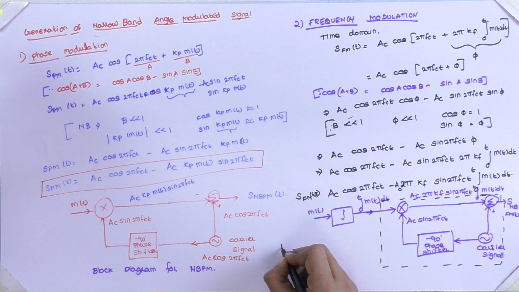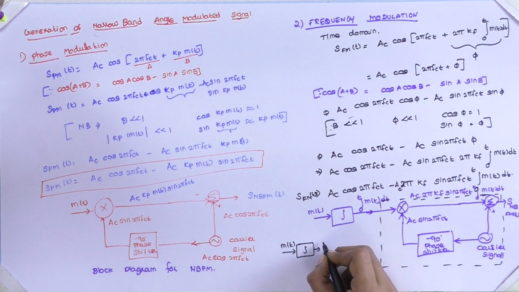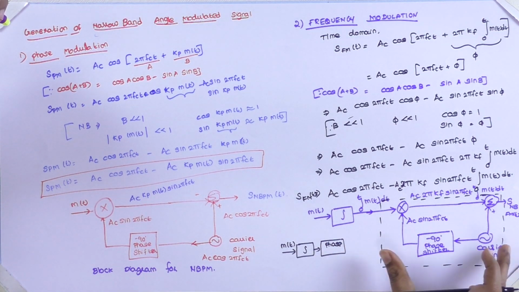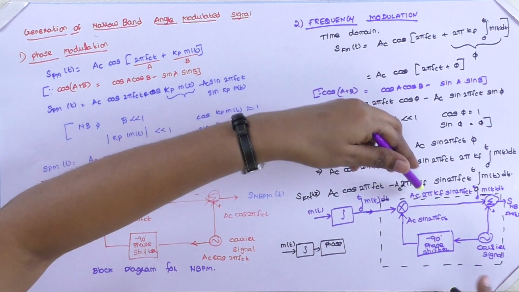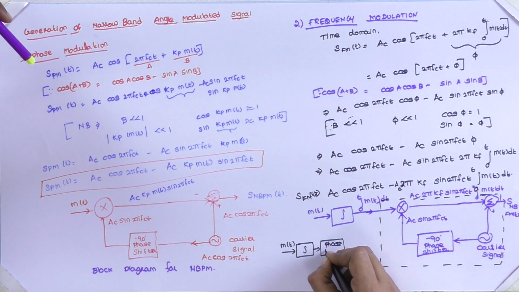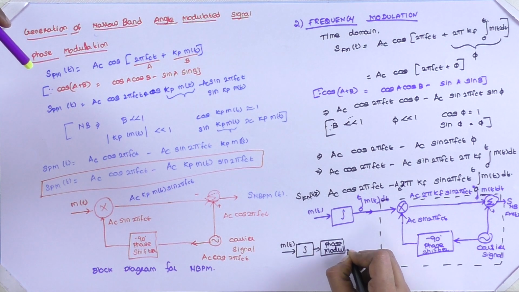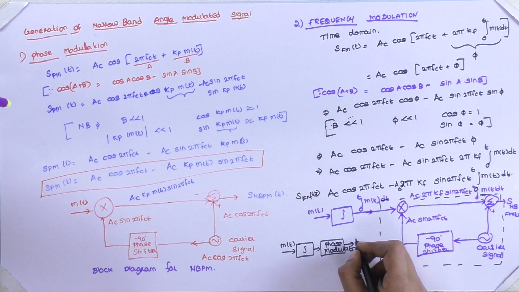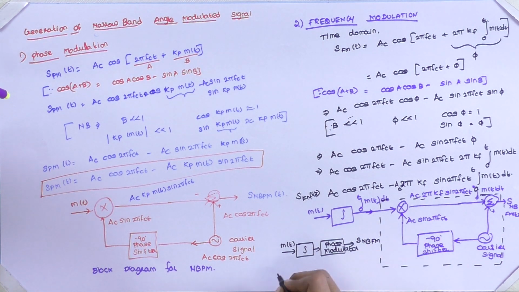Therefore, when a signal m(t) is applied to the integrator and then fed to the phase modulator, we have explained this block in the phase modulator. The phase modulator will give the output as the narrowband frequency modulated wave.